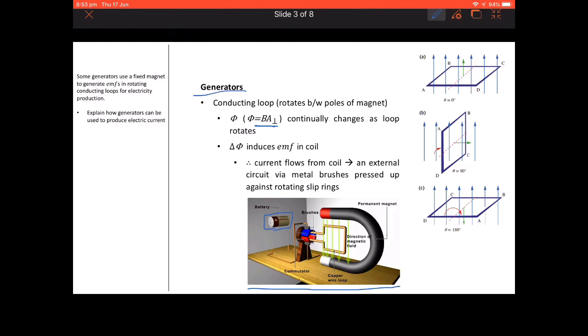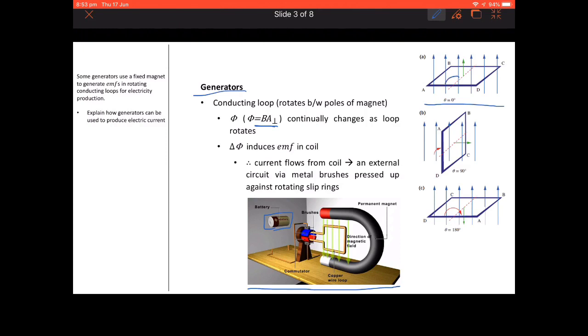So for example, if we look over here, we've got a loop that's perpendicular to a vertical magnetic field. So the magnetic field will be passing through the maximum possible area for that loop.